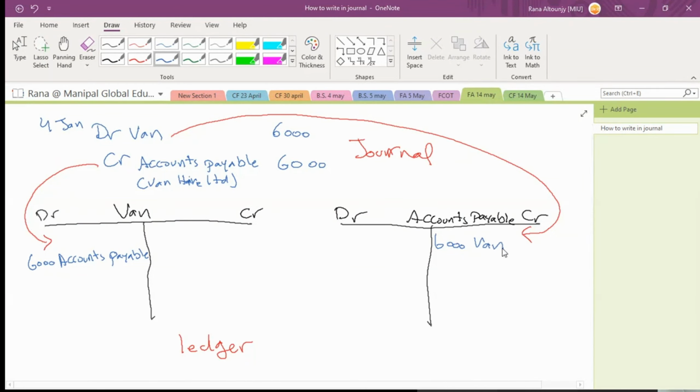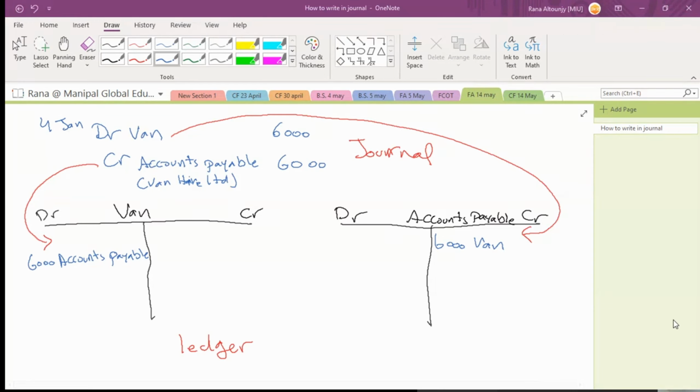So like this, we are transferring the transaction from the journal to the ledger. If you remember when we talked about the process of the accounting cycle, we said we have to record all the transactions first in the journal, then we have to transfer them to the ledger. So what is the difference between this one and this one? The journal has a series of transactions, which we do every day.